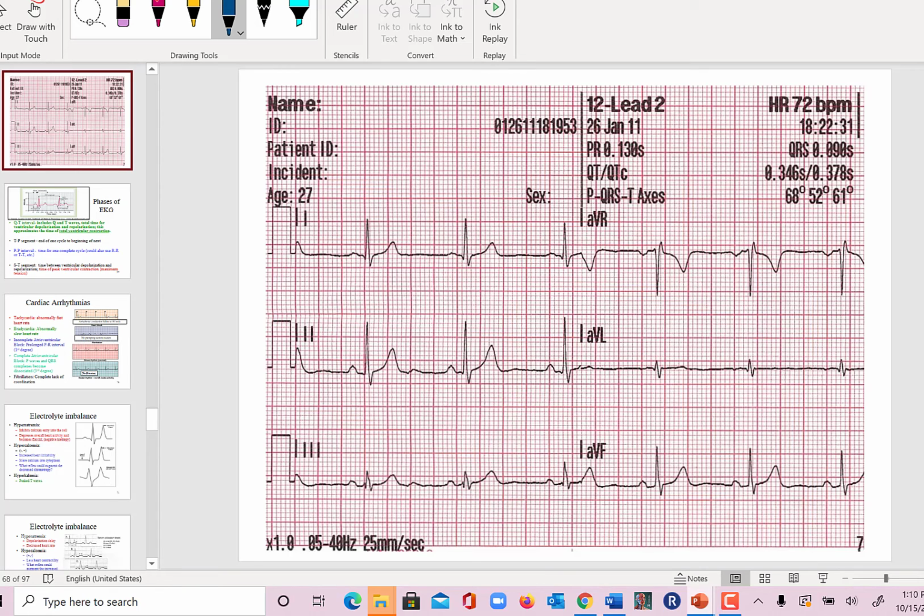I'm going to measure 1 beat, from one R to the other R. That's 1 cardiac cycle. I have 5, 10, 15 millimeters, 16, 17, and then over here it looks like 4 more. So that would be 21 millimeters going from R to R.